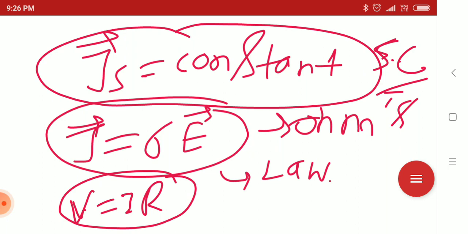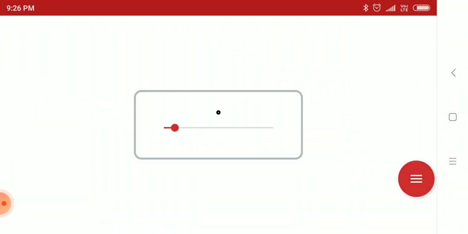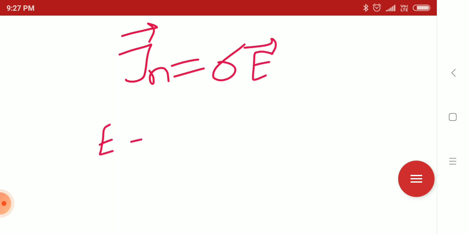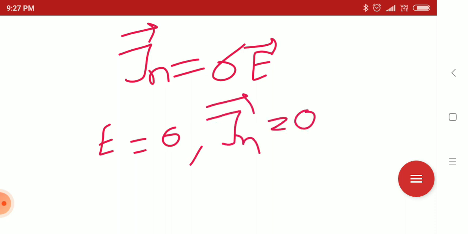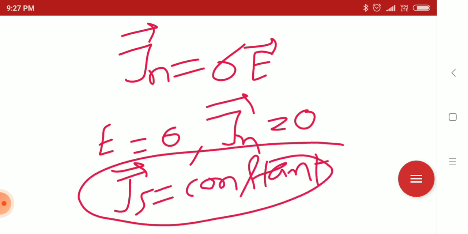We can compare: for the normal electron, Jn equals sigma E vector, and if the electric field E equals 0, then Jn equals 0. But in the case of the super electron, Js equals constant. That's a different thing.